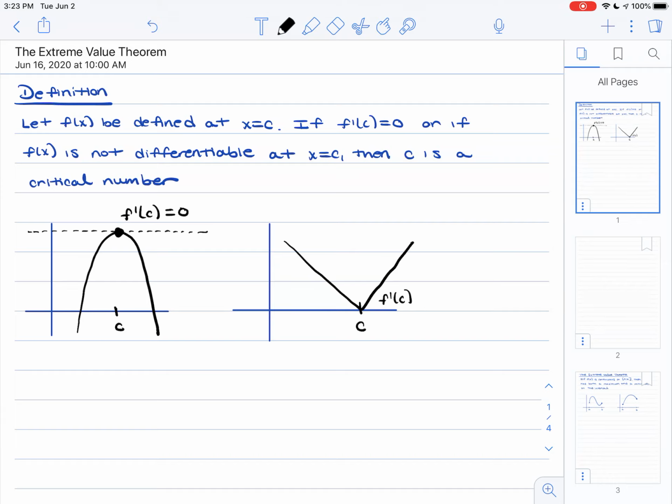So remember quotient rule, we look at the denominator times the derivative of the numerator minus the numerator times the derivative of the denominator all over the denominator squared.